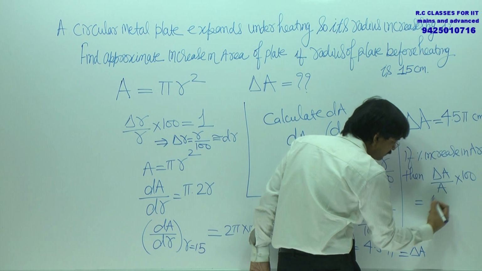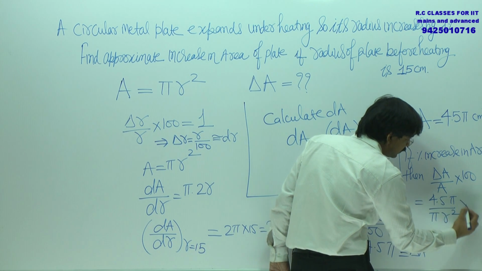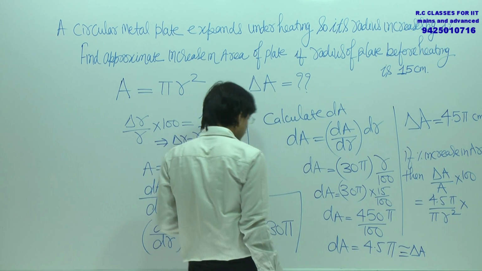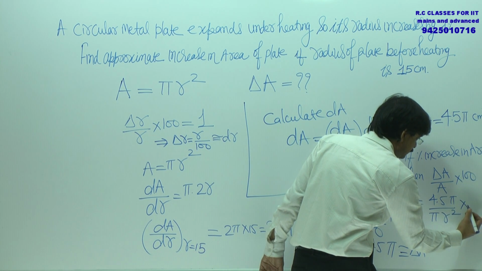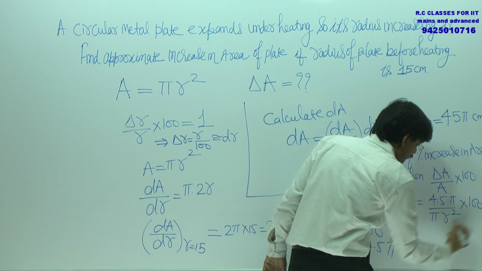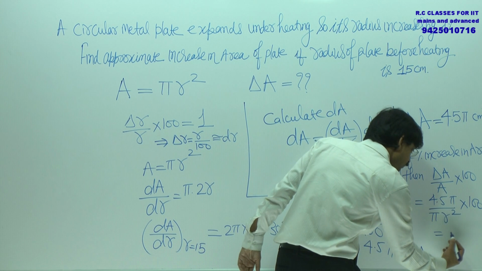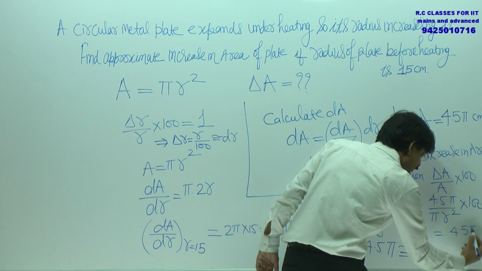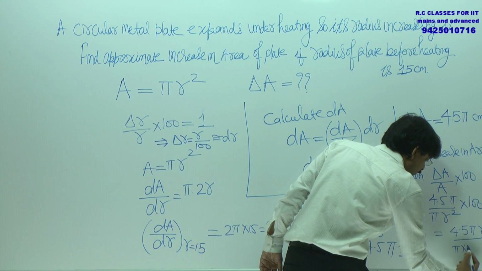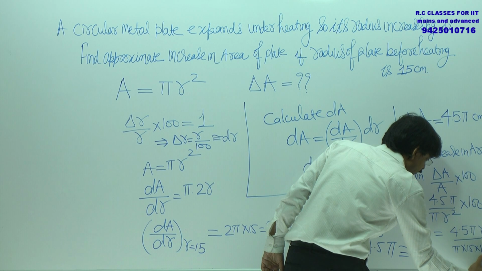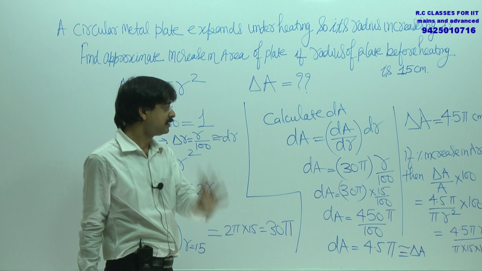That delta A is 4.5 pi, and A is pi r square, where r is known to us, 15. And if we calculate that, we are going to get the percentage increase in area.